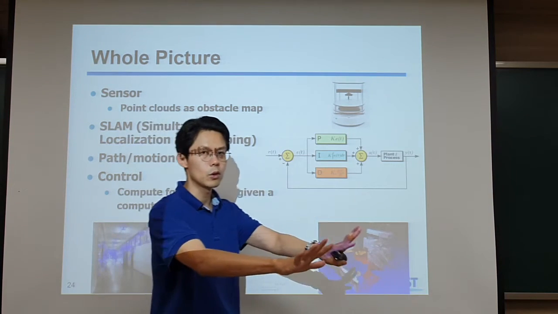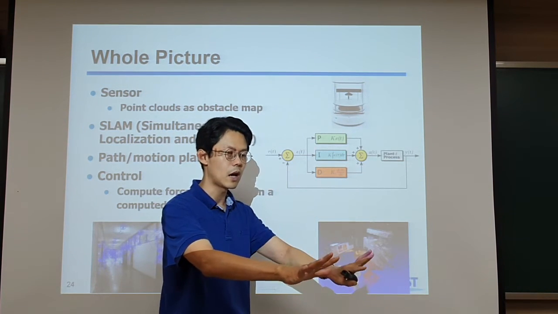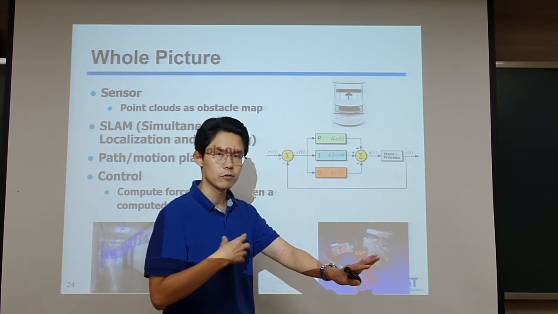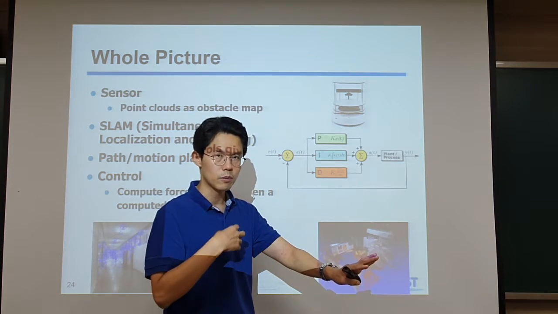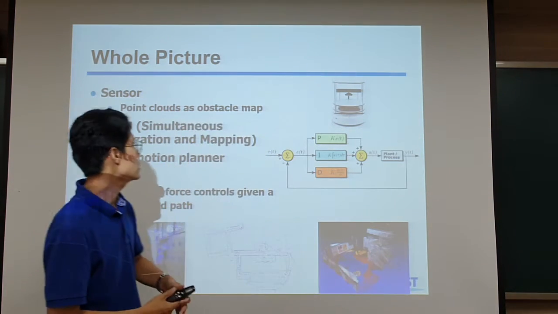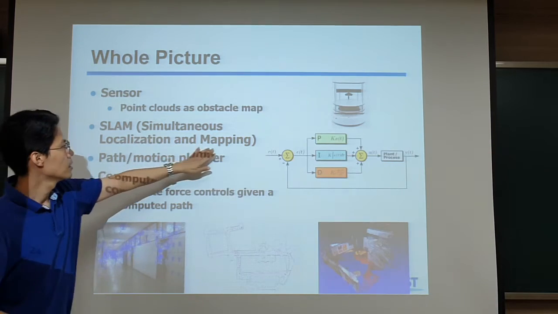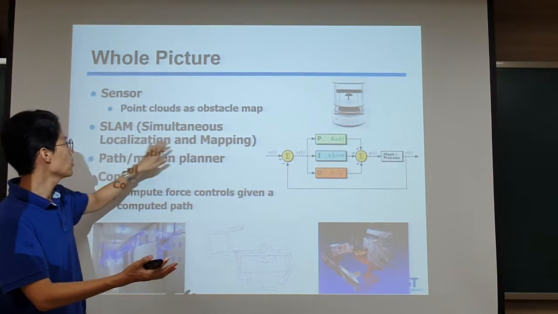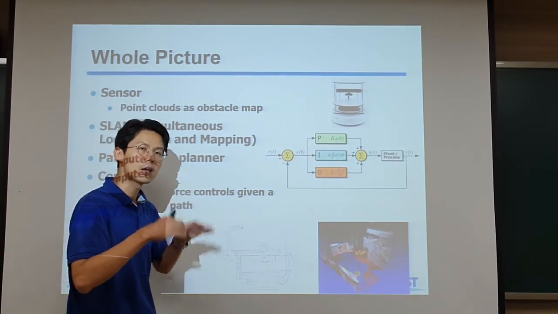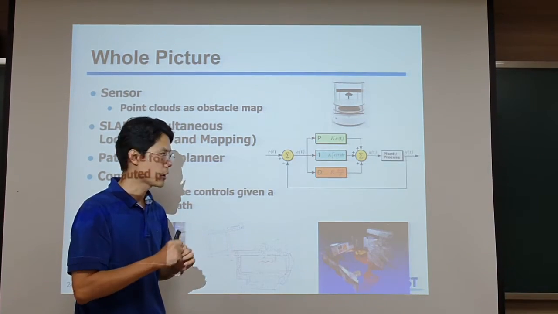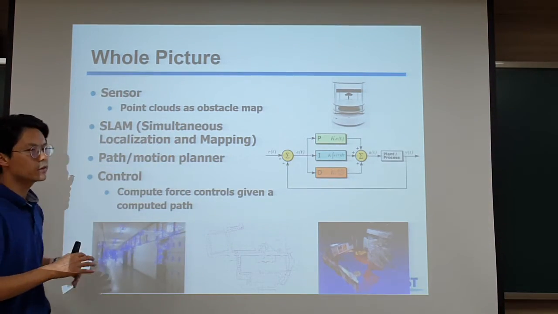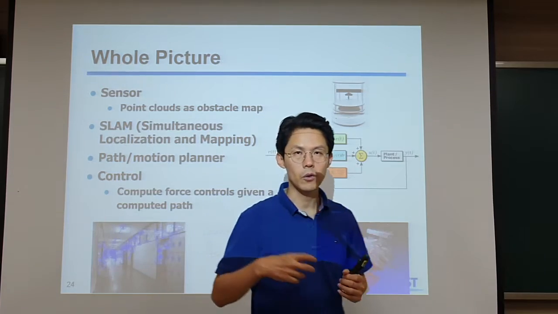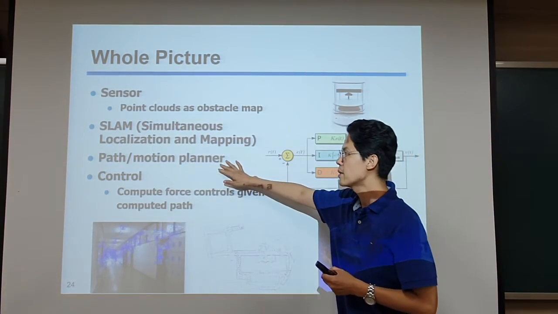And then based on that, we can compute our robot's relative reference location within that map. The mapping is nothing but computing the map, and localization is where I am within that map, in other words, where my robot is located. Once we know the map and my location, we can do the actual path motion planning.